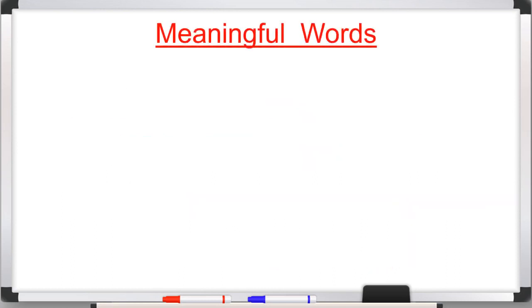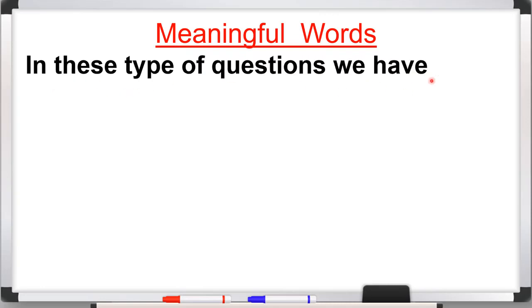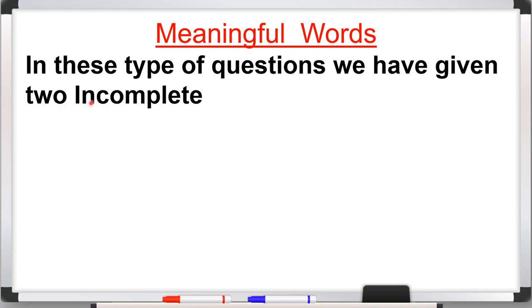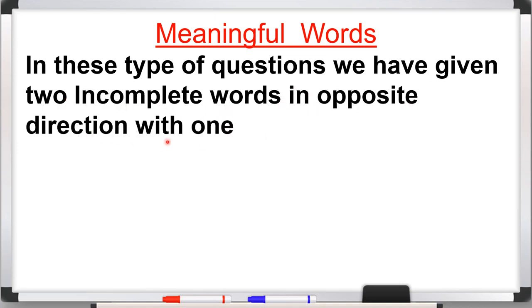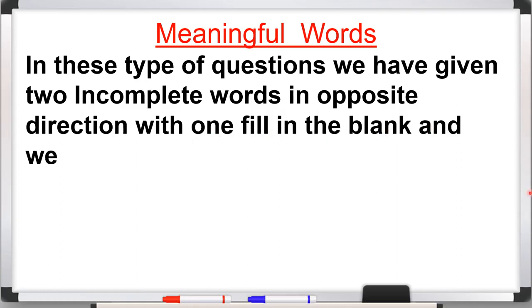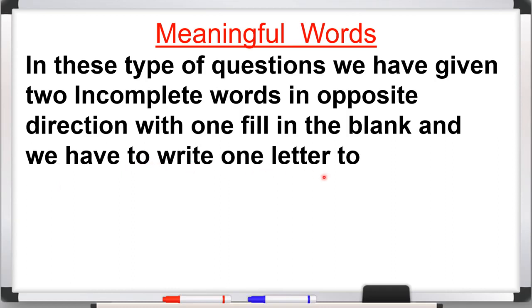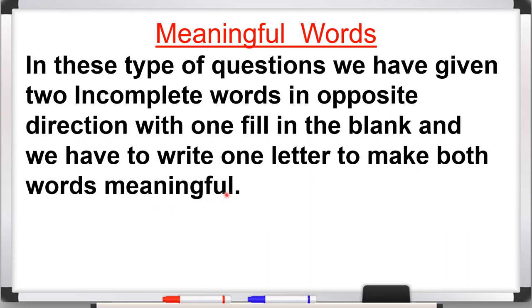Now beta, meaningful words. So let's see what is in these questions. In these type of questions, we have given two incomplete words in opposite direction with one fill in the blank, and we have to write one letter to make both words meaningful.